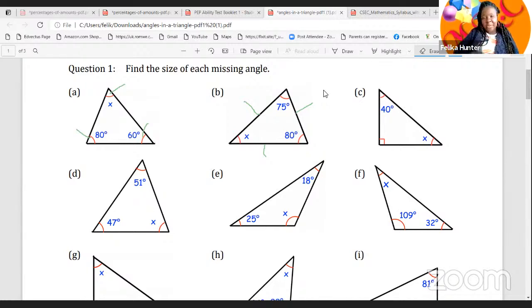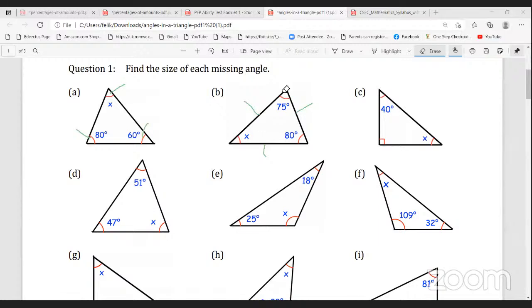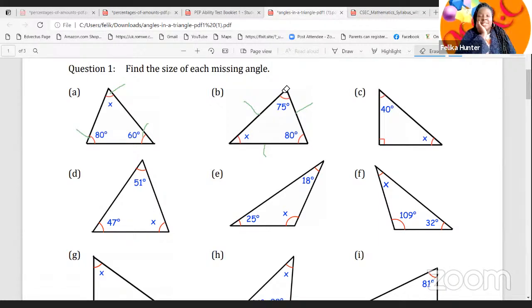What is an 8-sided figure called? It's an octagon. Yes, an octagon. What is a 9-sided figure called? Yes, Nastasia, nonagon. Yes, Stacy, nonagon. What is a 10-sided figure called?